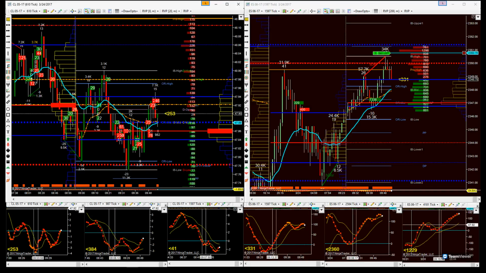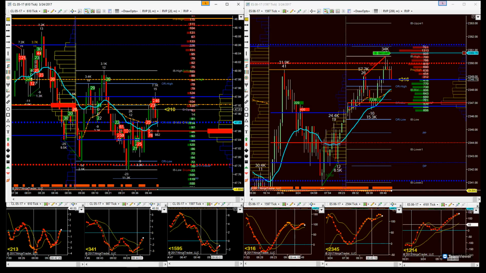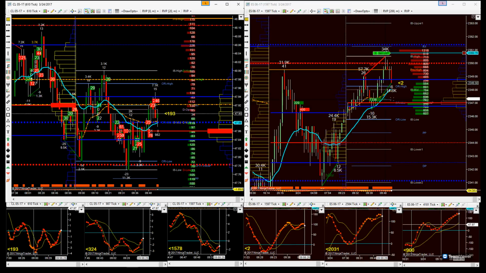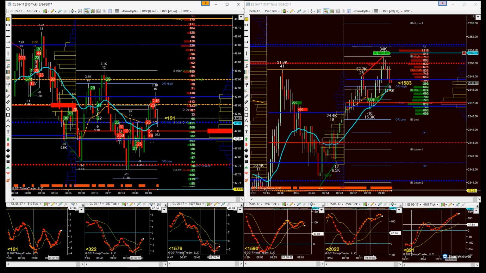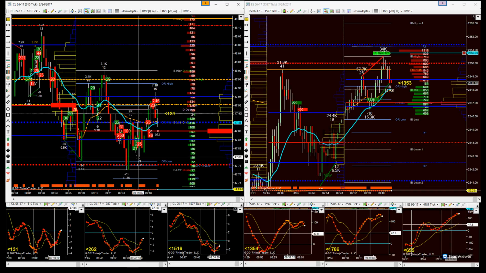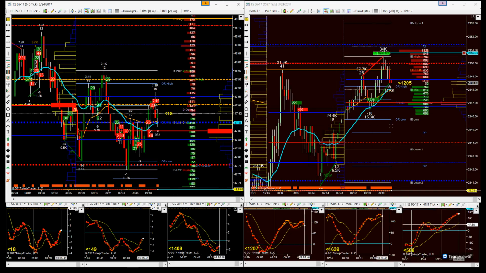Still really nothing happening here. S&P coming down to test 21 EMA, VWAP.